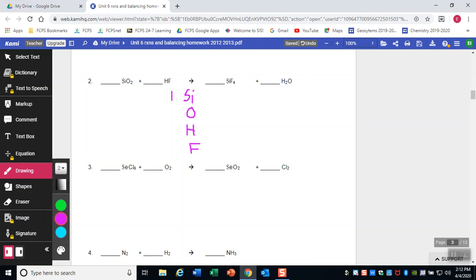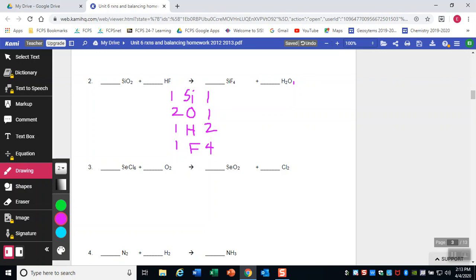So 1 silicon, 2 oxygens, 1 and 1. All right, so the first 2 steps are easy. You're just writing down what you've got. You don't have to think about anything. I've got 1 oxygen, right? Because if there's nothing there, that means there's 1 oxygen. This 2 goes with the hydrogen. So I have 2 hydrogens, and then I have 4 fluorines.